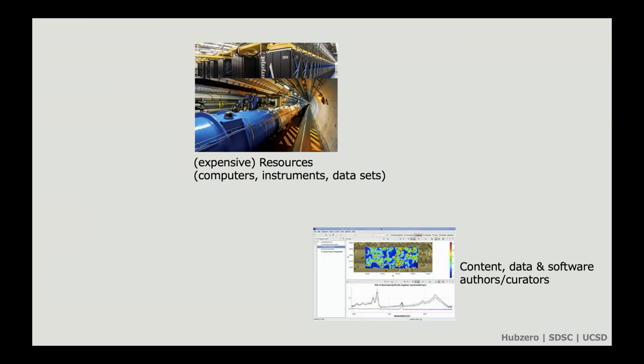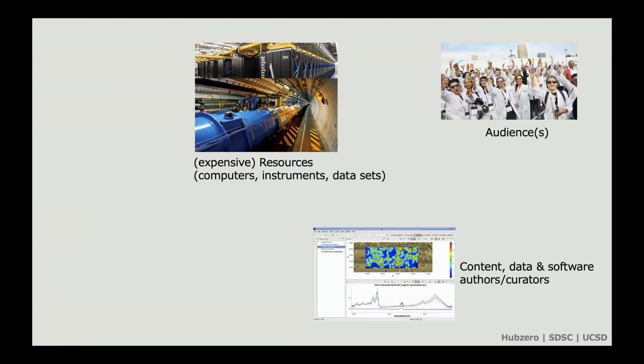We also have a lot of data and software, and a lot of people create them. And we also have an audience for these things. These could be scientists, students, and broadly the world's citizens, if you will. And the idea is how can these things commingle?